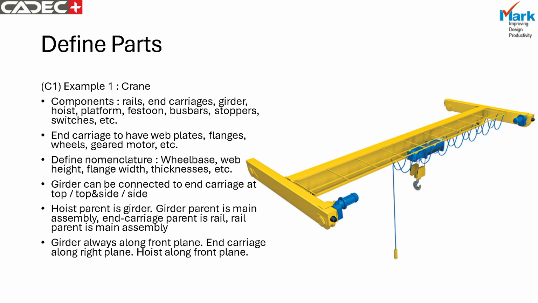Like for a crane we need a nomenclature like wheelbase, web height, frame width, thickness, etc. We also need to think of which part is the parent of which part. The orientation of the part also needs to be defined before we think of modeling it. For example, the girder will always be along the front plane, and so on.